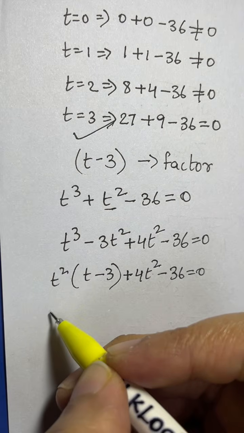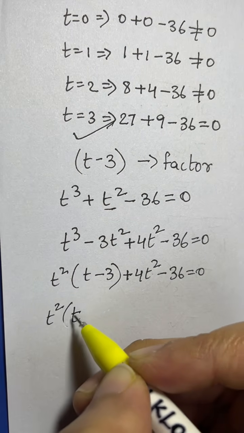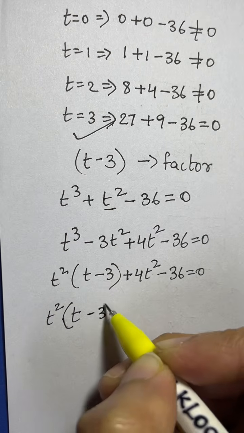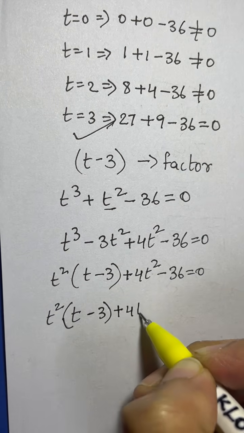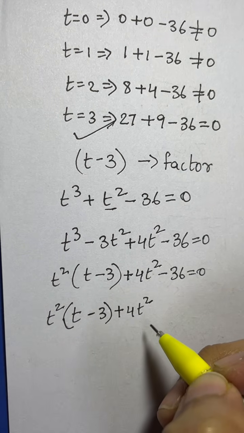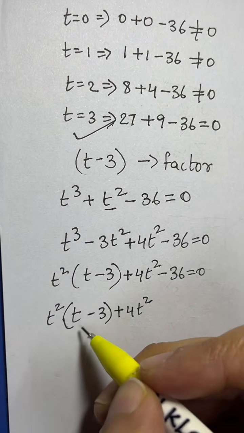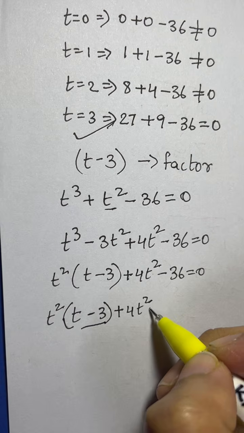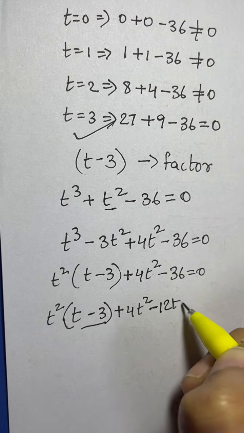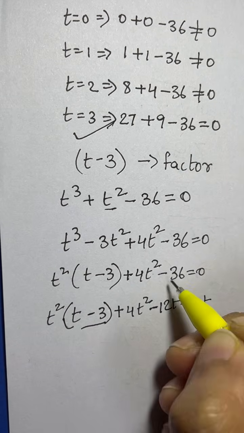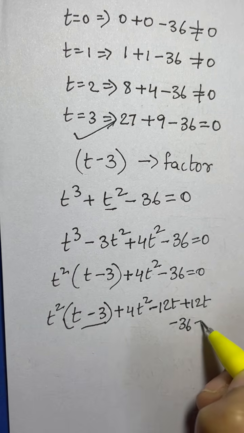So you have t square times t minus 3 plus 4t square. Now we're going to add and subtract 12t so that we get this factor again. So minus 12t plus 12t minus 36 equals 0.